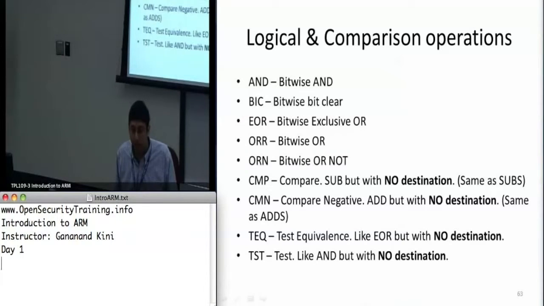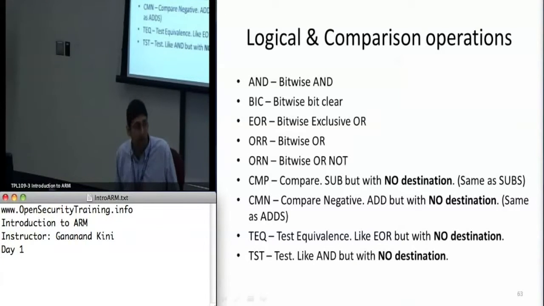Now for these two instructions, there is no destination register, so it's just going to either add or subtract the two values and then update the flags, and there's going to be no update to a destination register. So you only have two operands for these instructions. TEQ is similar to exclusive OR.